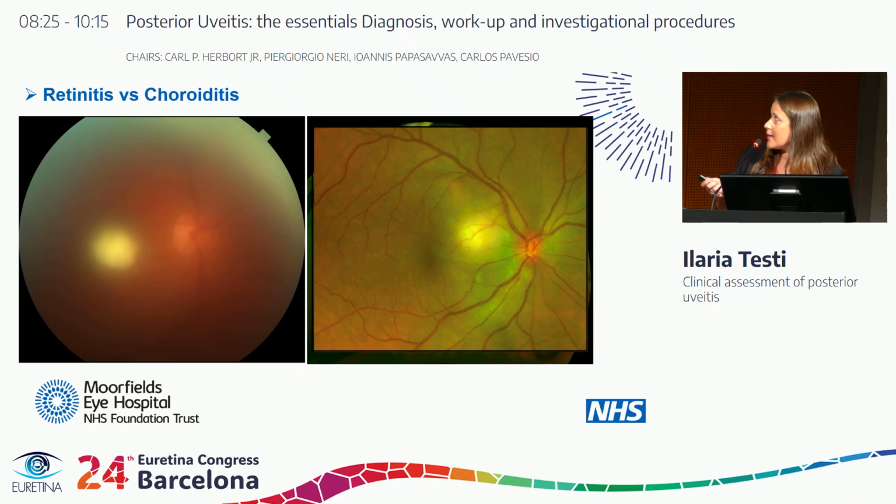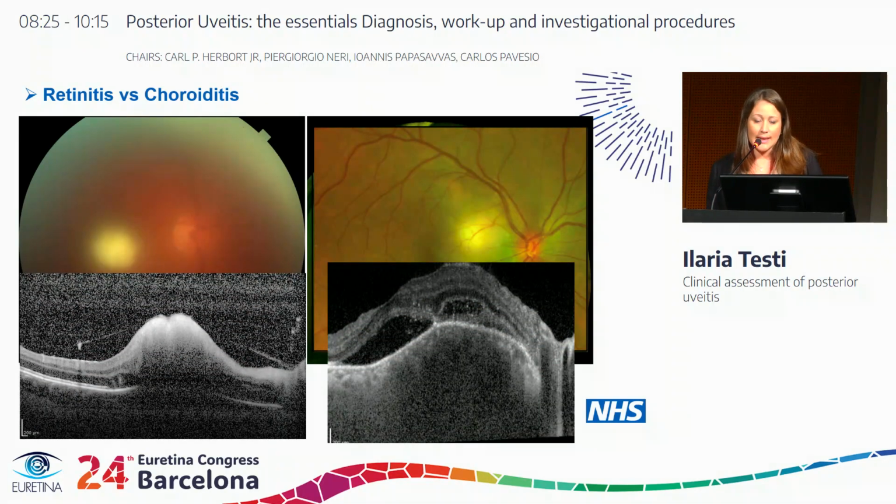If you look at the picture on your right, you can see that the lesion is totally different. It is something subretinal. You do not have the same amount of vitritis as in the retinitis on your left. If you look carefully at the vessels, you can see that they run over the lesion with very defined margins.